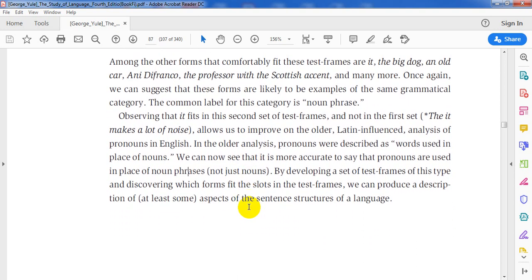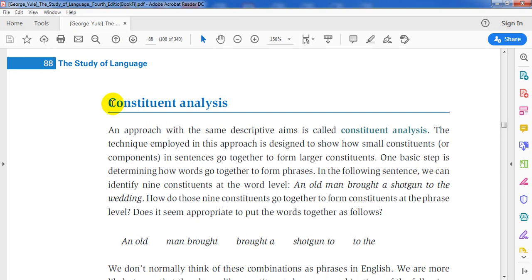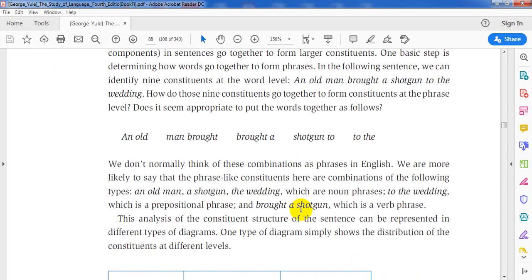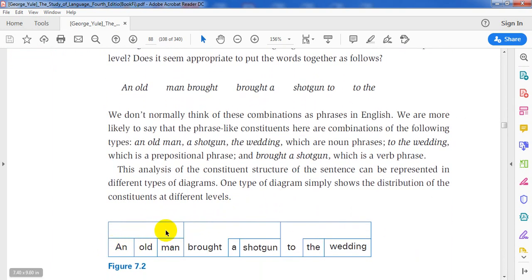So we move to another movement against the prescriptive approach. This is also one of the steps taken to oppose or to object to the prescriptive rules of some scholars. So here, constituent analysis. Constituent analysis means grouping the items in certain groups so that we can understand.